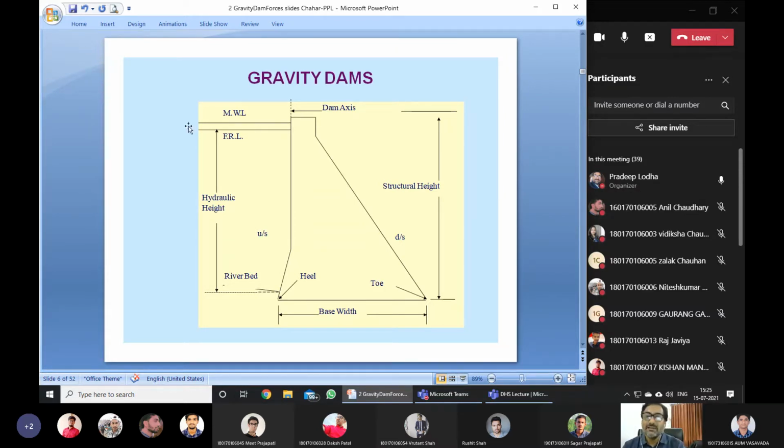Maximum water level is in case of flood. So that goes up, say above this, maybe 10 meters or 50 meters, we allow that in case of flood. It goes up to the maximum water level. This is the usual operational water level, FRL.